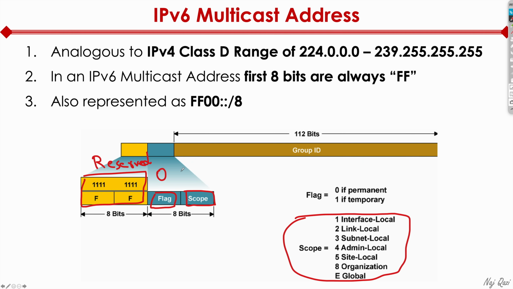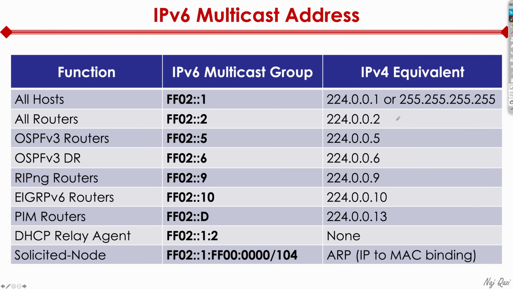And you'll see things like 02, for example. You'll see that a lot. As a matter of fact, you'll see FF02 a lot. That 2 means it's a link local scope. Okay, so something to keep in mind. Now, here is a multicast address table to show you how it all connects, to help crystallize IPv6 multicast groups.